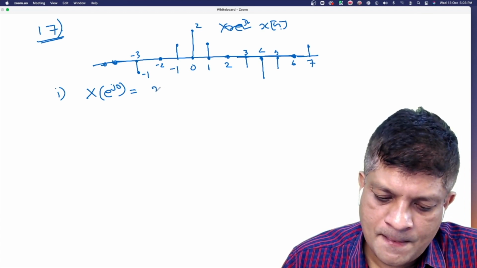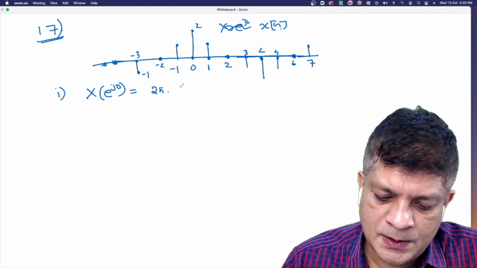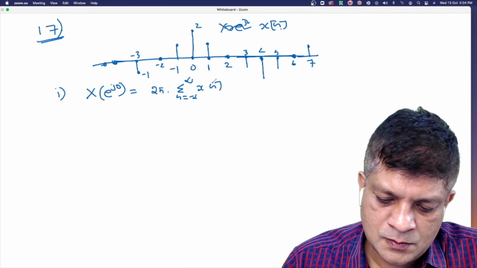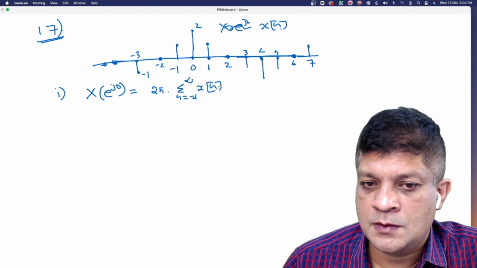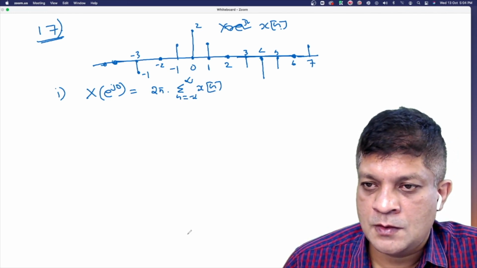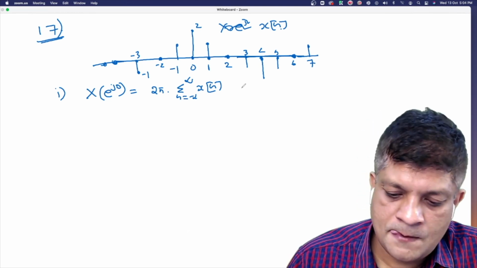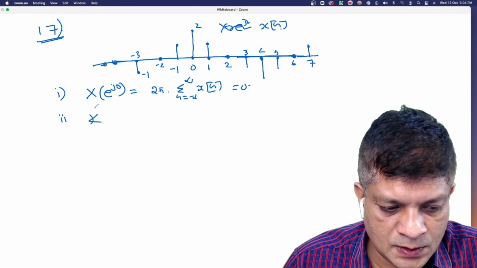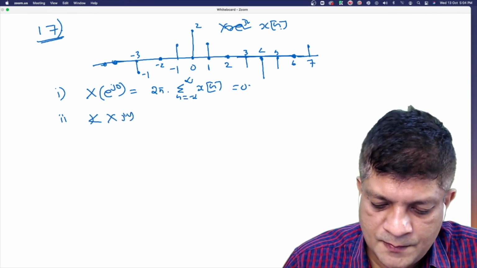Summation of x[n]. Is it 2π into...? This is 0. And what about this one, the phase angle of X(e^{jω})?